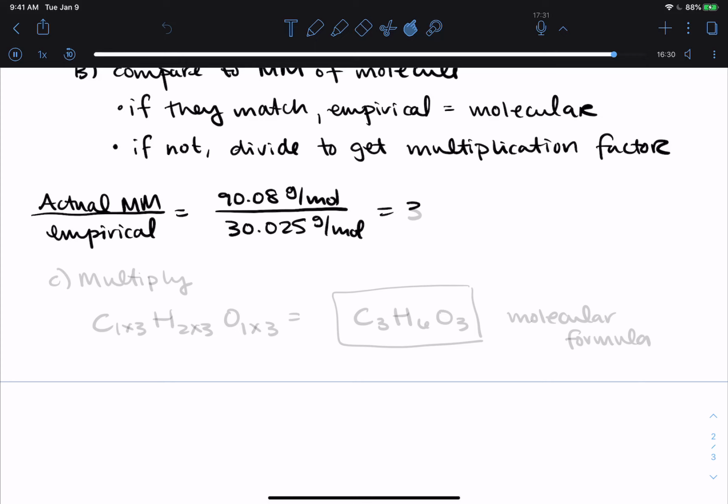So dividing those gives us 3. So the last step is to actually multiply. So that means I have 3 times as many carbons, 3 times as many hydrogens, and 3 times as many oxygens as I saw in my empirical formula. So my molecular formula is C3H6O3.